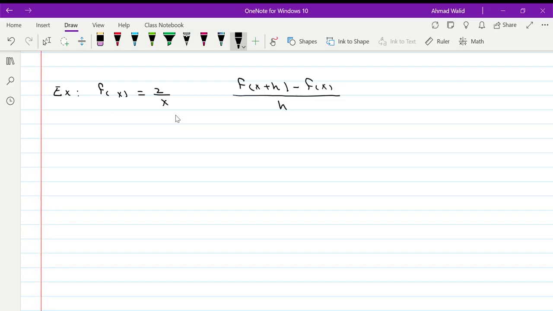To do that, because we already know f of x, I need to find f of x plus h first. The function is given to you, so f of x plus h equals 2 over, instead of x, you have to plug in what? x plus h.